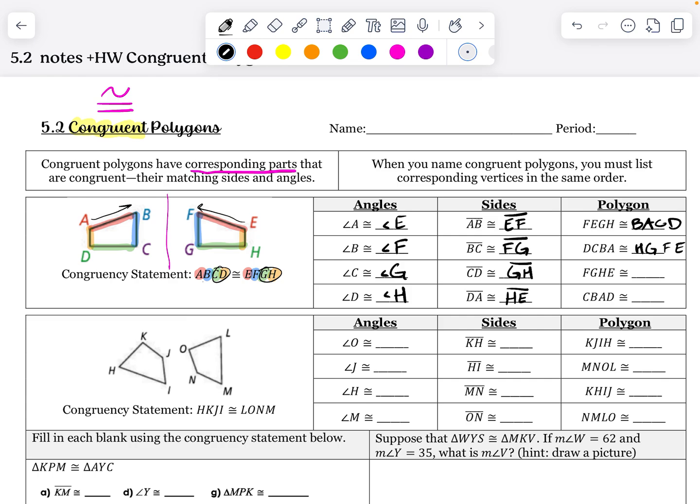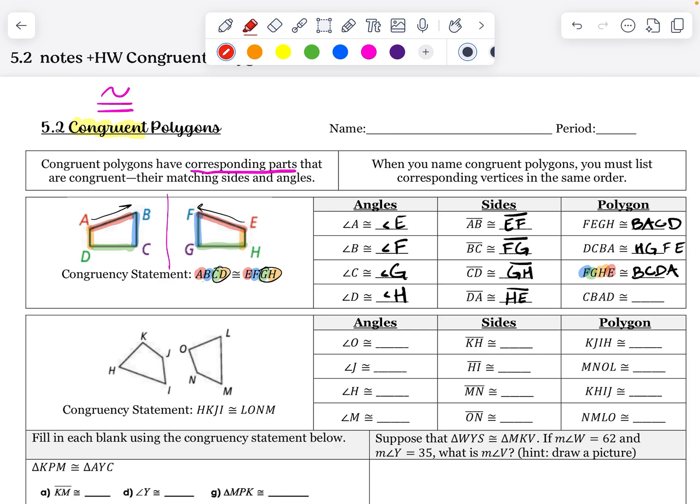Let's see. FGHE. I'm going to get my highlighter back out. F starting there. G. H. E. So that means I need to go on my other blue, then green, then orange, and then red. Go in the same order every single time.